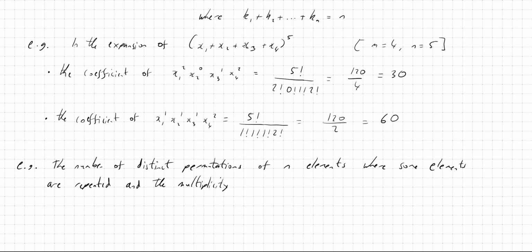That's the number of times element i is repeated, given by ki.